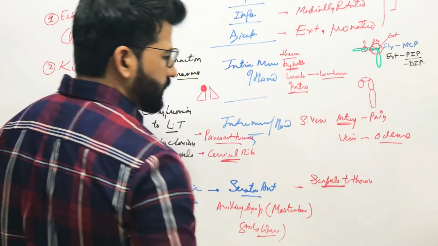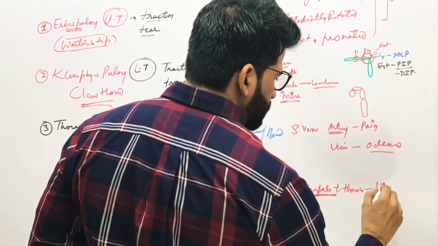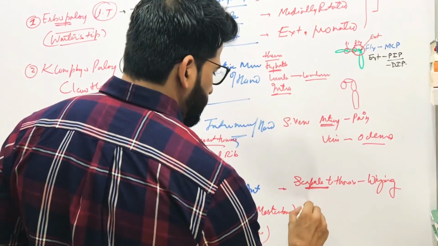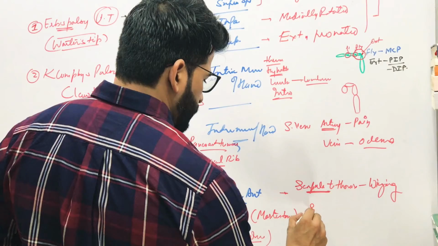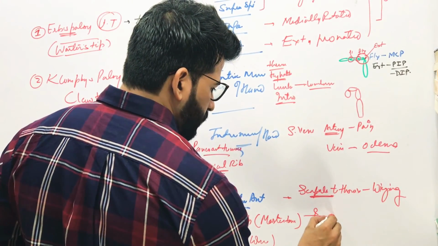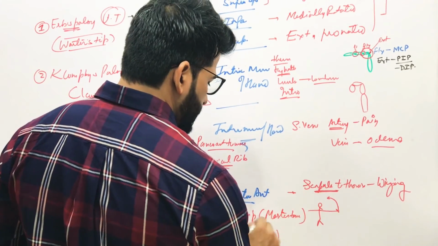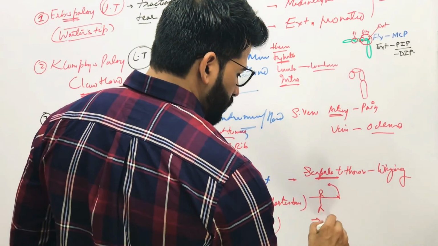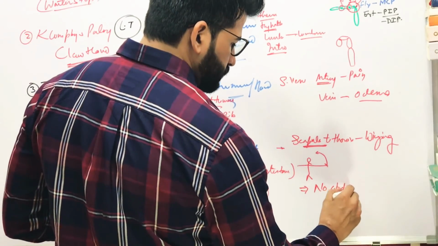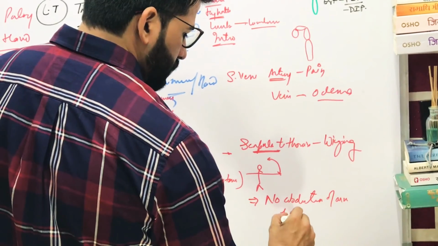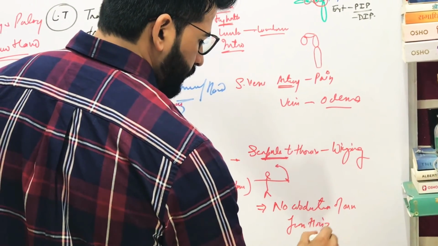So that will not occur. So there will be winging of the scapula, and secondly, if somebody is standing, serratus anterior is helpful if you have to abduct your arm from the horizontal position. So the person will not be able to do abduction of the arm from the horizontal position.